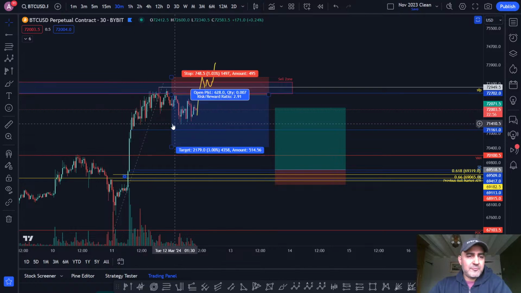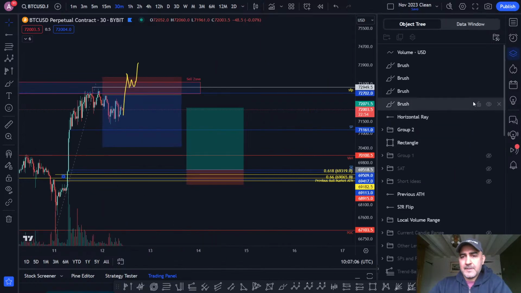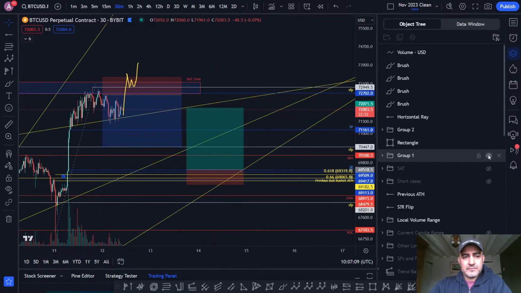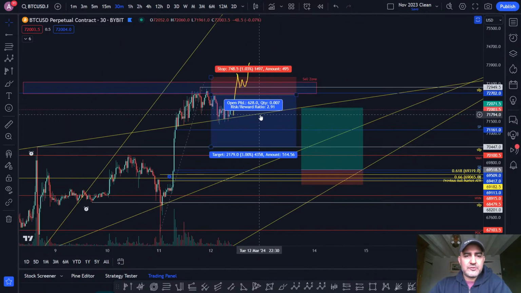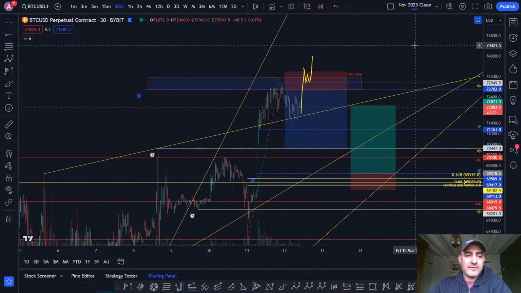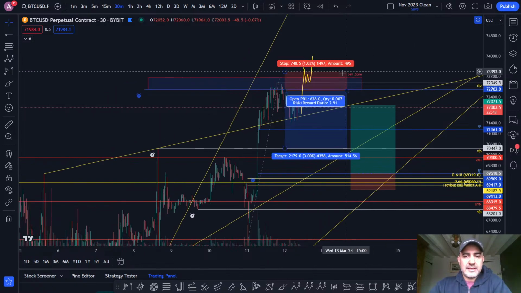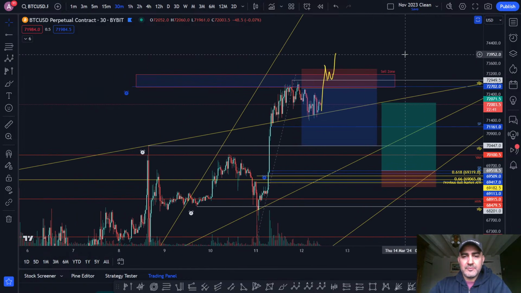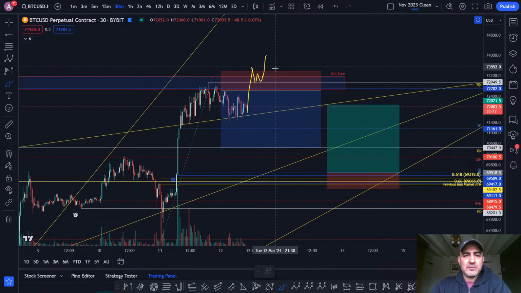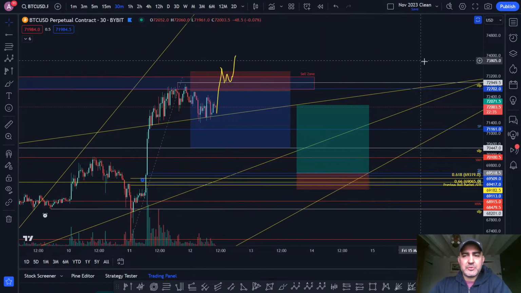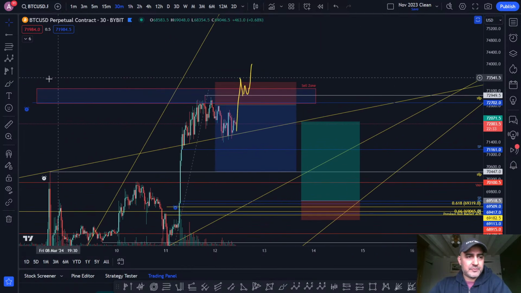If for some reason this imaginary trend line that I've drawn holds as some kind of neckline, and the key is in the word neckline, then effectively what you could potentially form now is a much more prolonged range.